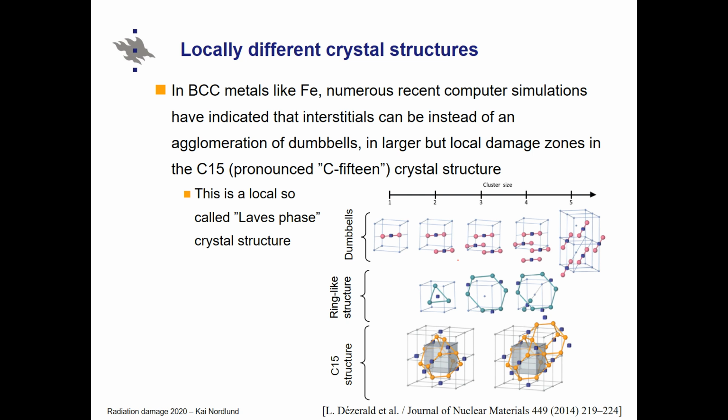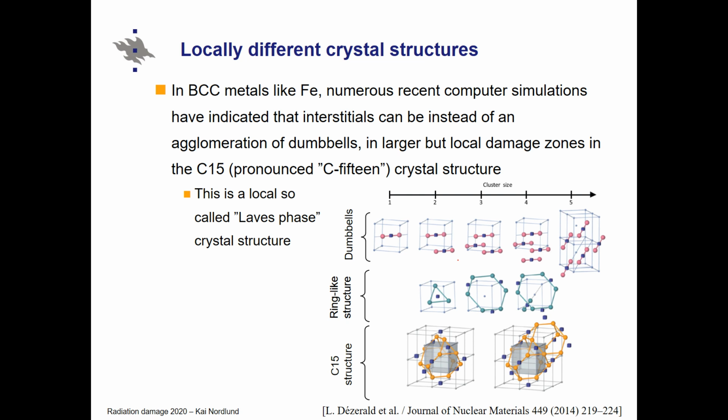This is a special crystalline structure known as a Laves phase, which can be macroscopic, but in this case it's a local arrangement of atoms, which corresponds to the C15 structure. In pure iron, it's of course not the ground state. The ground state is still BCC, but when you have interstitials, it turns out that the interstitials may be easier to arrange, after a few interstitials, in this complicated C15 structure instead of just a set of dumbbells.